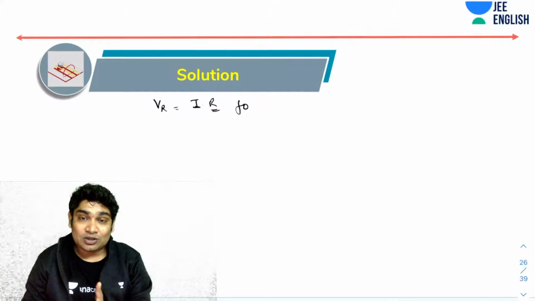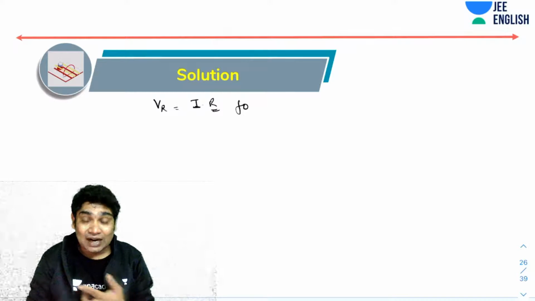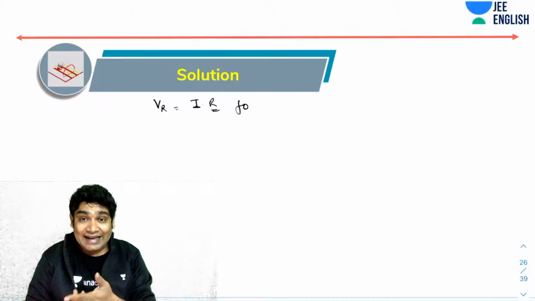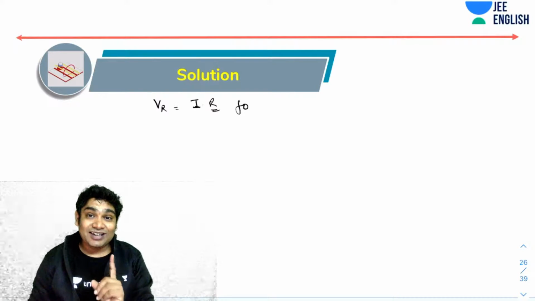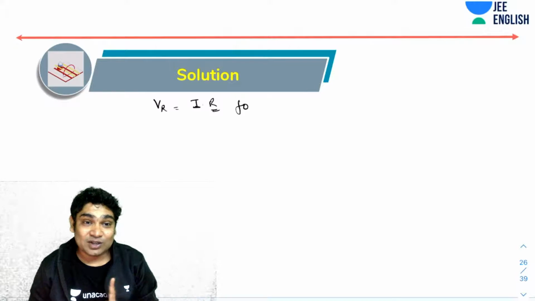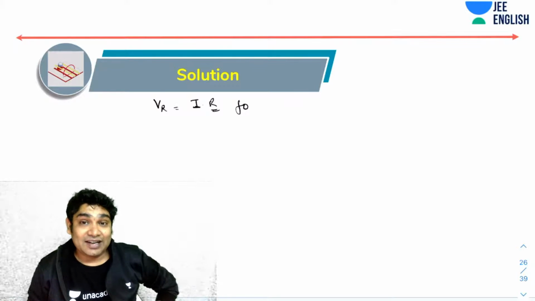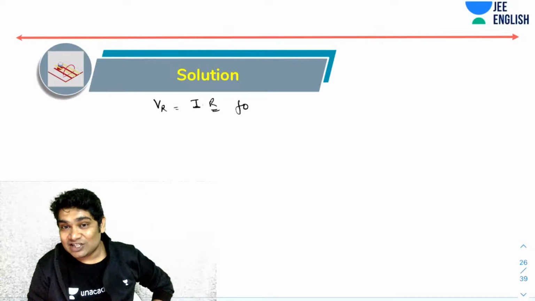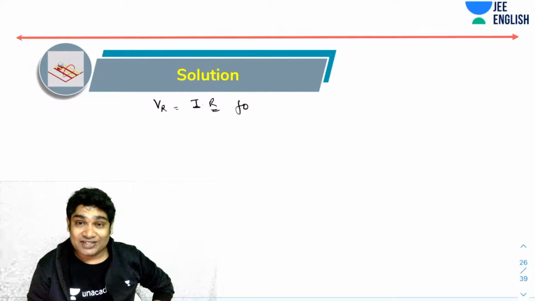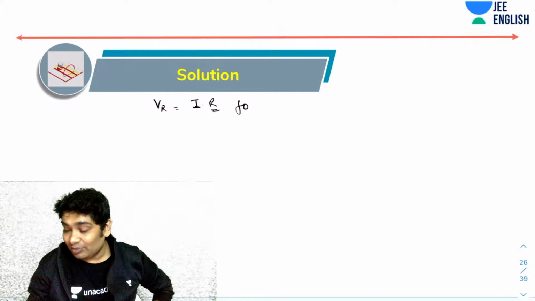If, like in the case of capacitors and inductors, your XCs and XLs depend on frequencies as well, not only the current, then you couldn't have said whenever the current is maximum, the voltage would be maximum. No, because your XCs and XLs also depend on the frequencies. So there things would have been different.